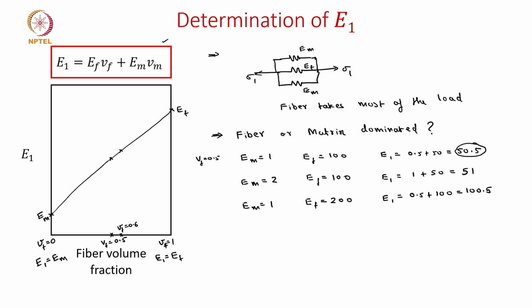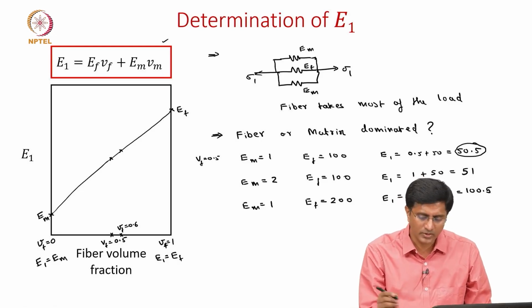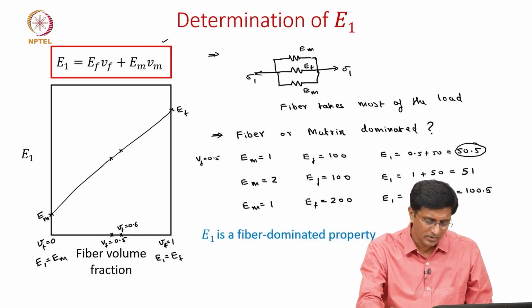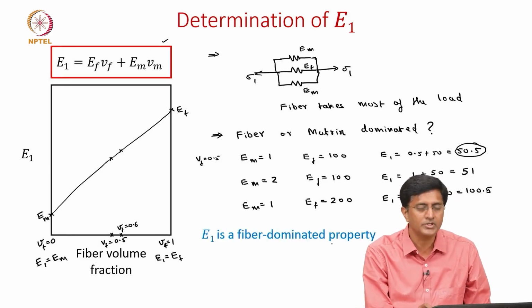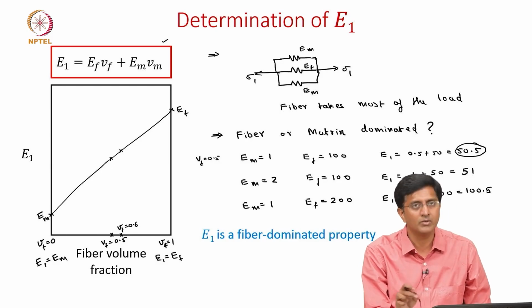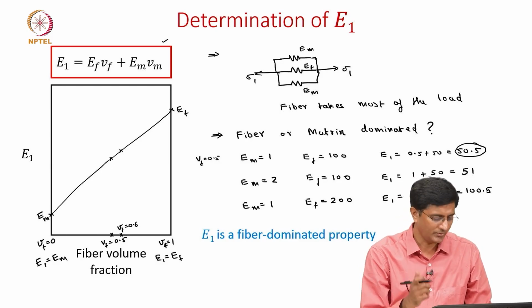Whereas when we double the modulus of the fiber, even the composite modulus also changed. So from this example, we can conclude that E1 is a fiber dominated property, because changing the properties of the fiber will have a more significant contribution to the changes in the E1 value.